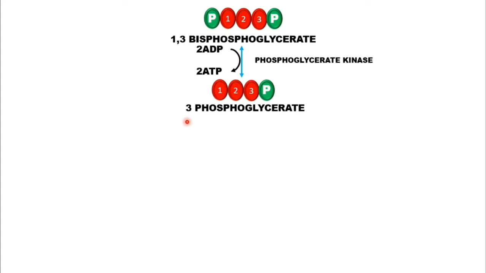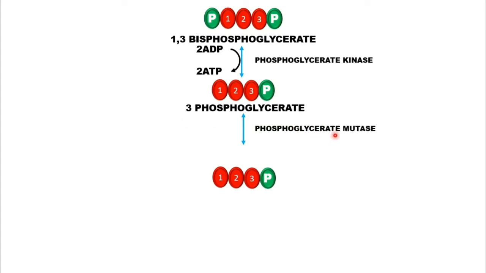Here it means a special enzyme called phosphoglycerate mutase will move this phosphate from position 3 to position 2. Look at this animation of how the phosphate is moved. This function is done by phosphoglycerate mutase, converting 3-phosphoglycerate into 2-phosphoglycerate.